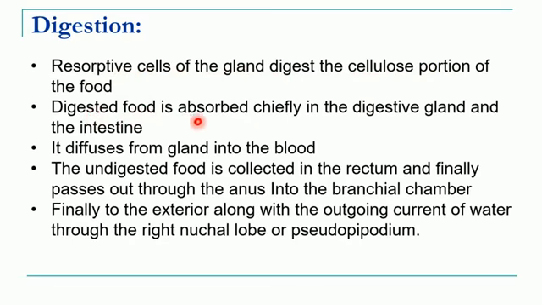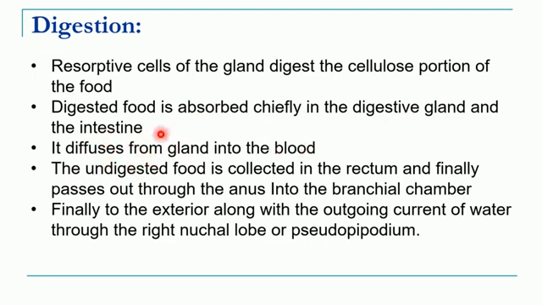Now this digested food is absorbed by the digestive gland and the intestine. After digestion you require the absorption of this digested food material. That takes place in the intestine, and from the intestine it diffuses into the blood.